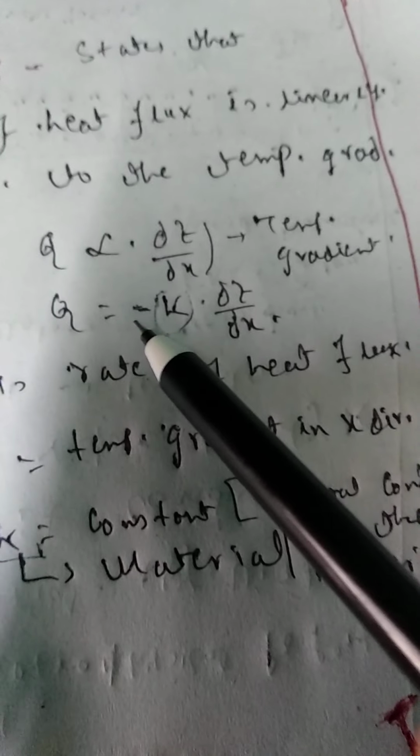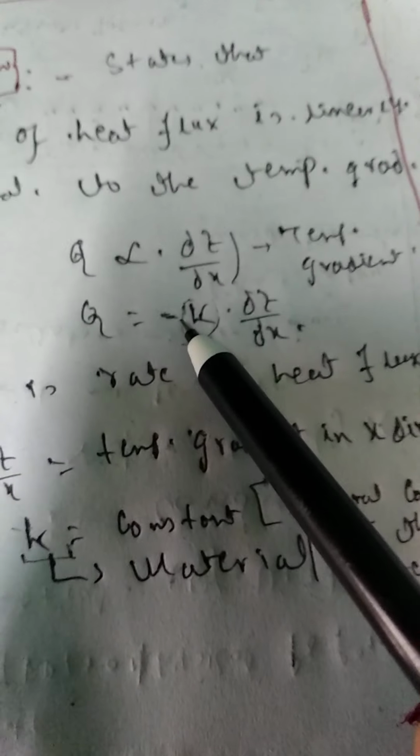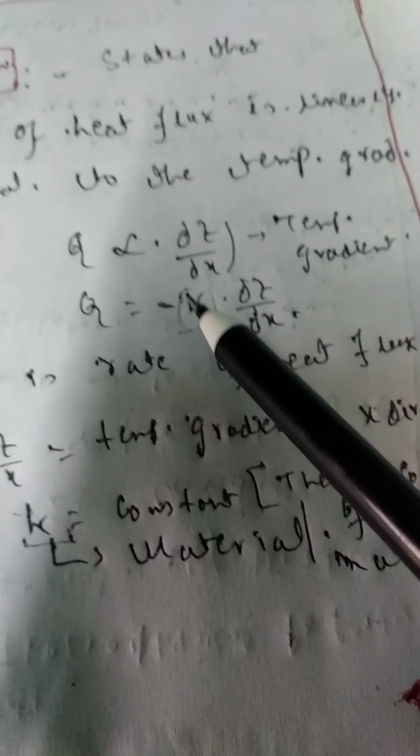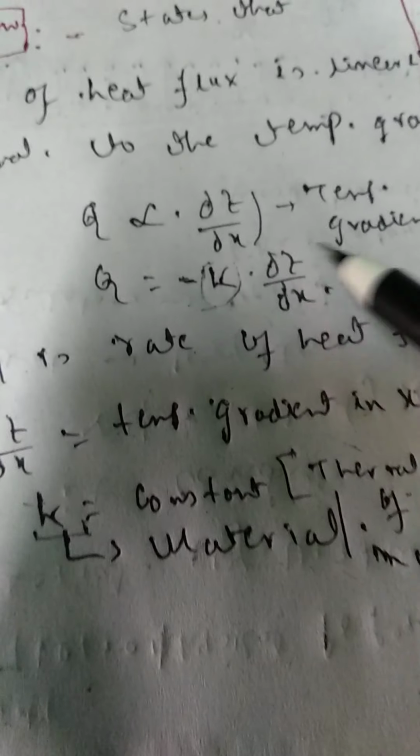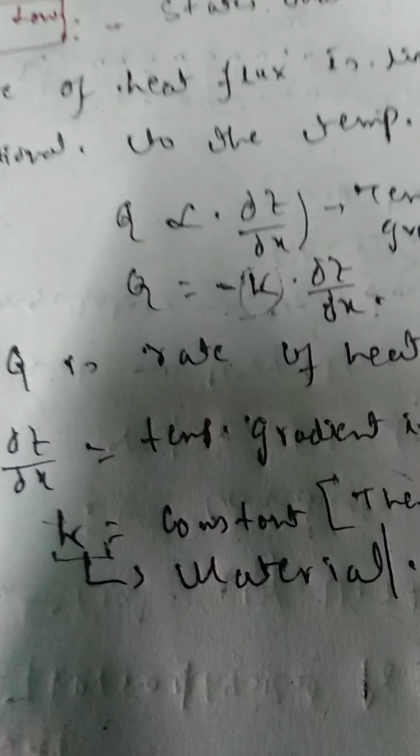So you have understood this equation, and why this is negative. It is negative because the slope dT by dx is negative, since heat flows from higher to the lower temperature.